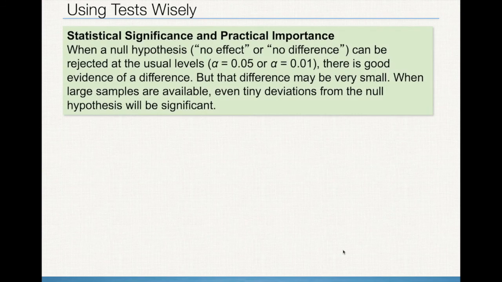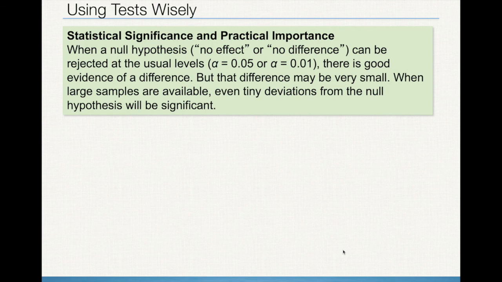The second thing I want to say about using tests wisely is this idea that large differences don't necessarily mean significance, and neither do small differences. So if a large sample size is available, small deviations will actually be considered significant. With a small sample size, we may only have a small difference, but in that case, because we haven't taken a larger sample, that may not necessarily be significant.